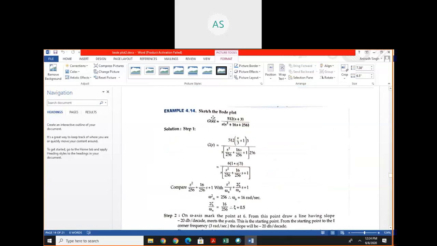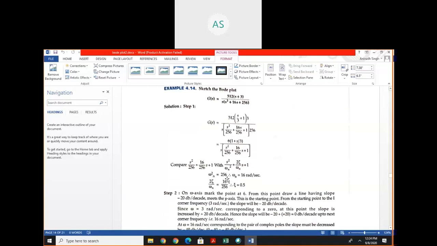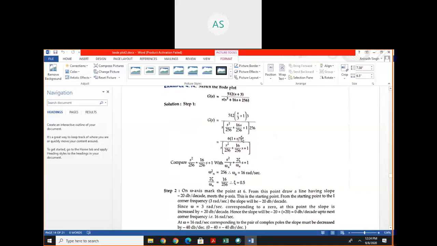This is the Bode plot where G(s) is given by this. First you write G(s) in time constant form, and then calculate. This is the first corner frequency.